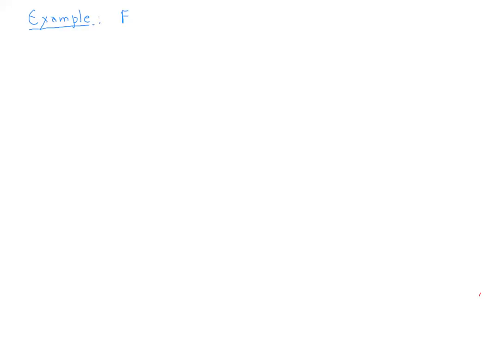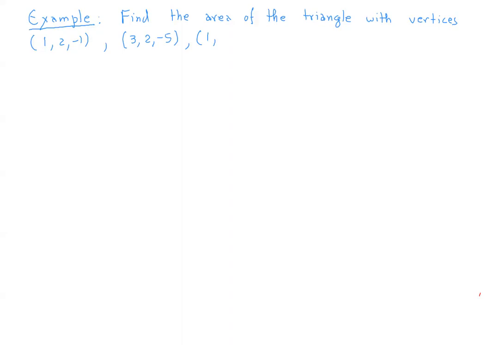So find the area of the triangle with vertices (1, 2, -1), (3, 2, -5), and (1, 4, 2). Okay, so how do we do this?